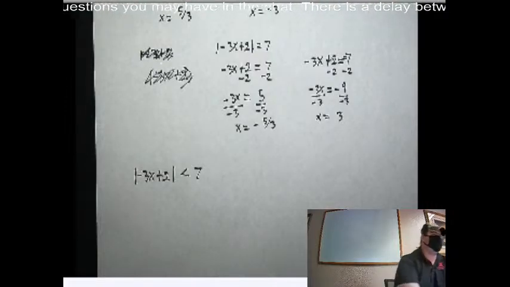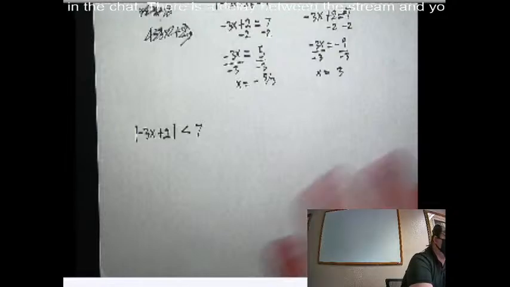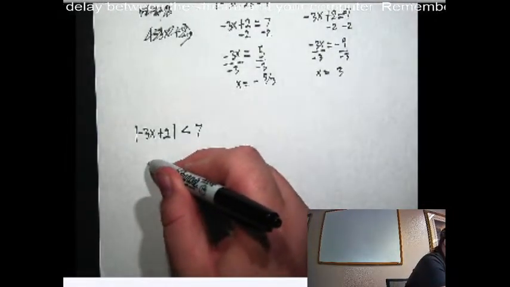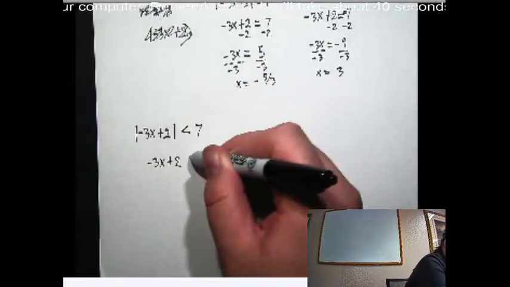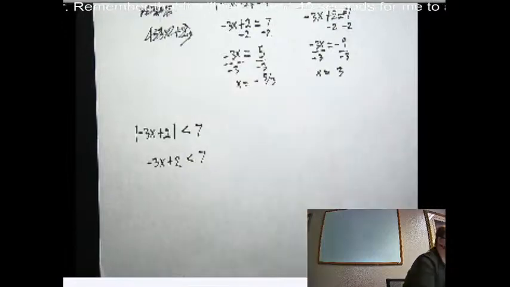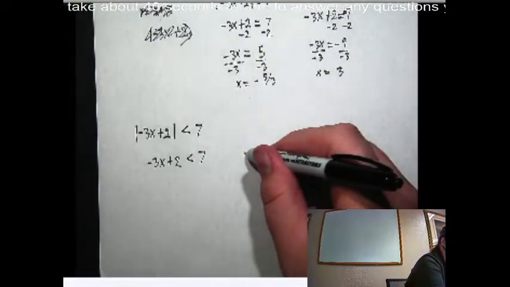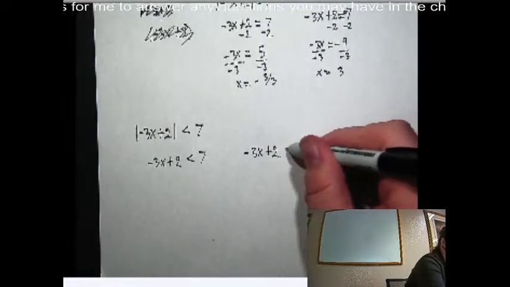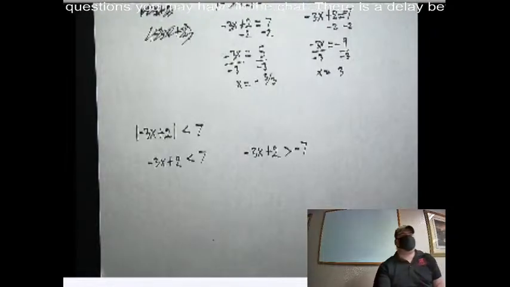So let's try this one. Again, we need to set up two scenarios here. What's the first scenario? Good. And careful, what's the next one? Perfect. Why do we put that greater than there?